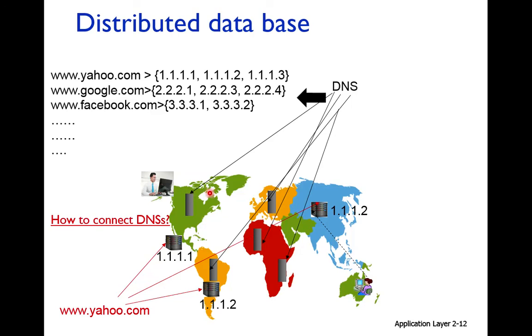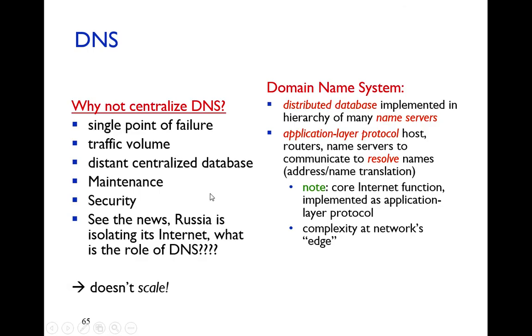For this purpose, a specialized protocol is needed, that is called DNS. This is an application layer protocol, because it resolves the name to an IP address. So it is basically a core internet function, and it is implemented in the application layer.